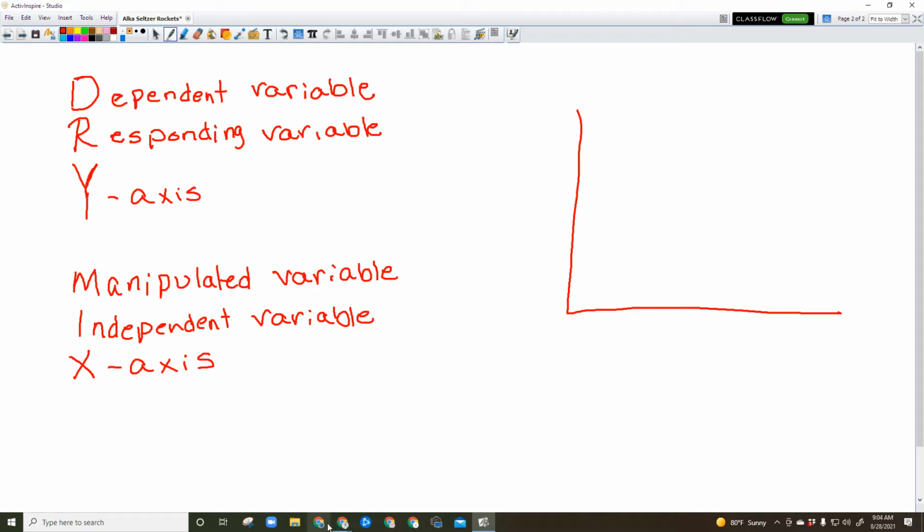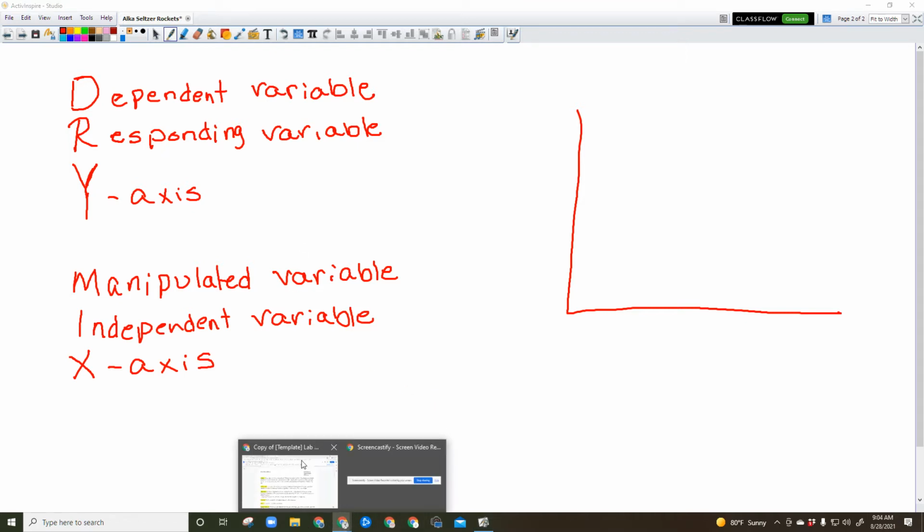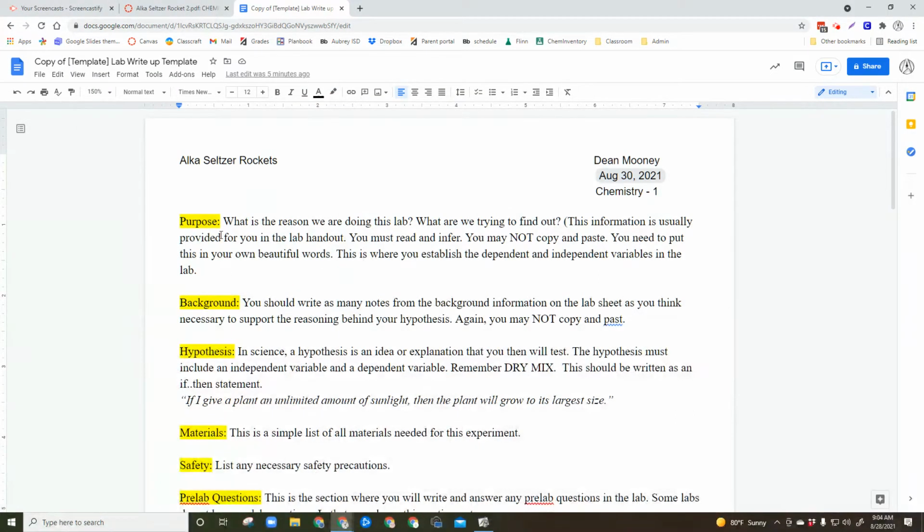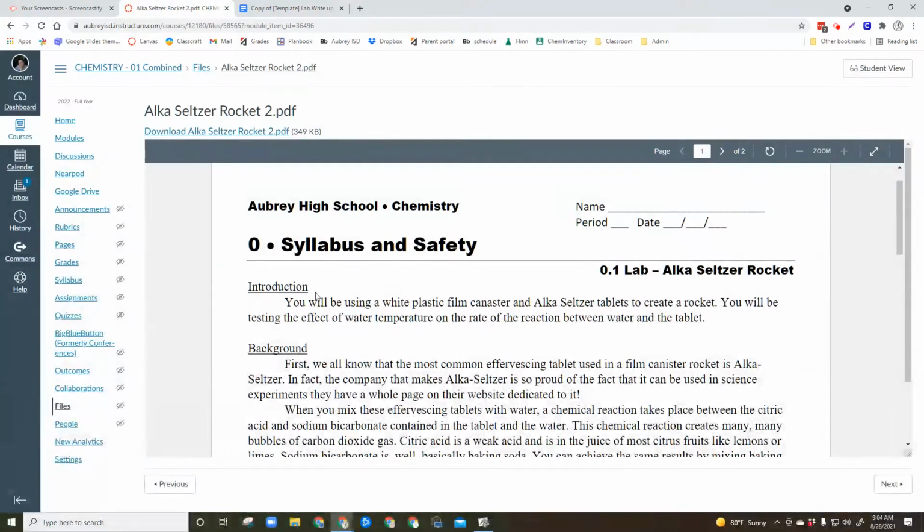Going back to our write-up, it says that for the purpose of this, we need to establish the independent and dependent variable. So we're going to read our handout here, and it's right here in the introduction. You'll be using a white plastic film canister and Alka-Seltzer tablets to create a rocket.